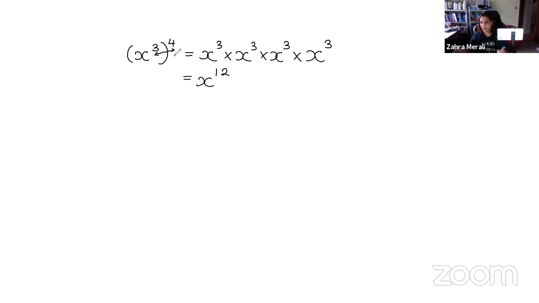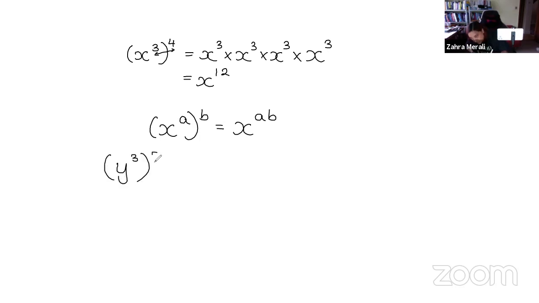So this brings us to our third rule, which is x^a to the b equals x^(ab), which all it means is you just multiply it. So if you had y cubed to the 5, it's simply 3 times 5, and that would give you 15.